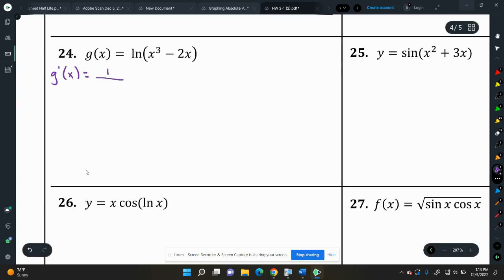So it's 1 over what? x cubed minus 2x times the derivative of x cubed minus 2x. So we get 1 over x cubed minus 2x times 3x squared minus 2. That gives us 3x squared minus 2 over x cubed minus 2x.